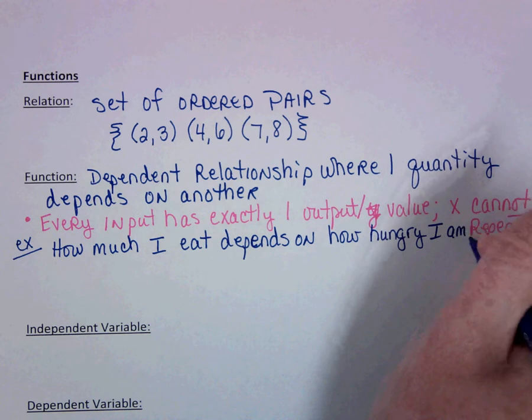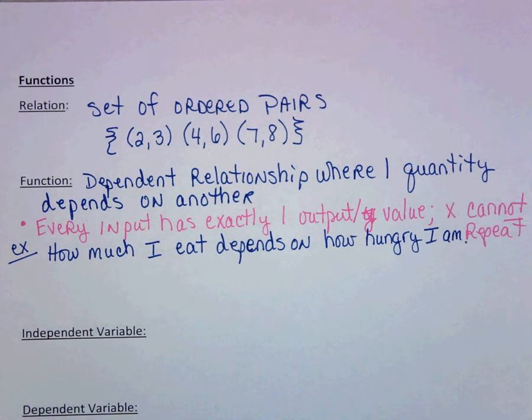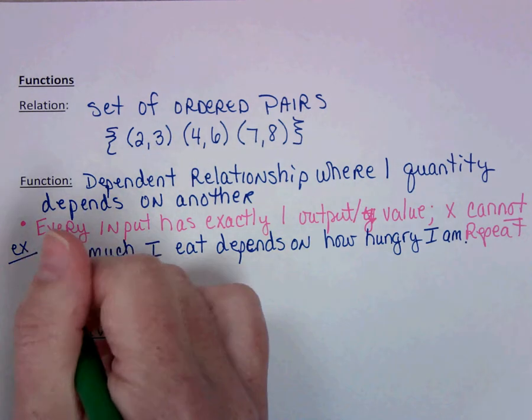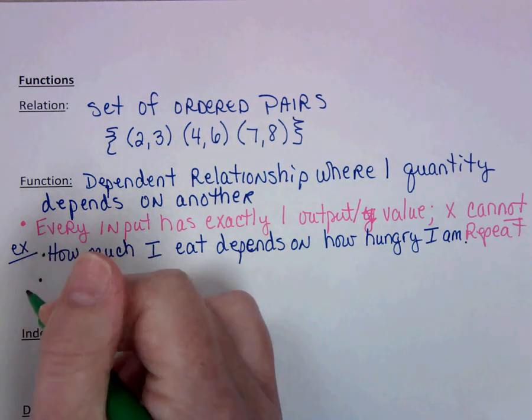That is a function. That is a dependent relationship. How hungry I am is determining how much I eat. Okay, that's one example.